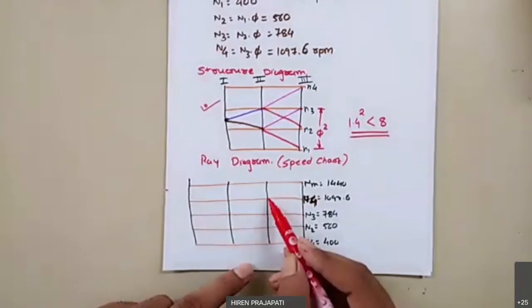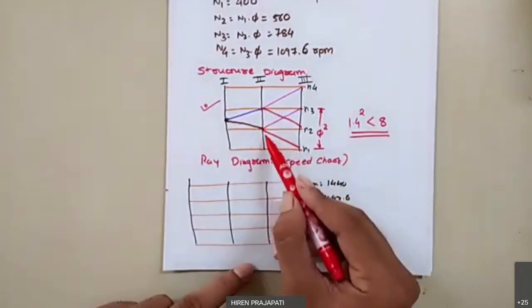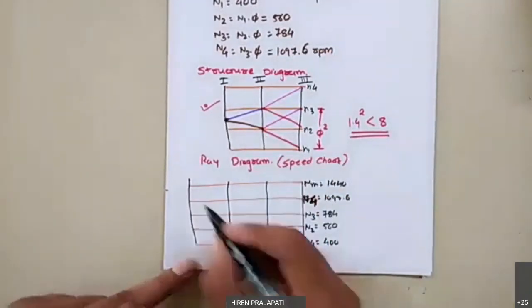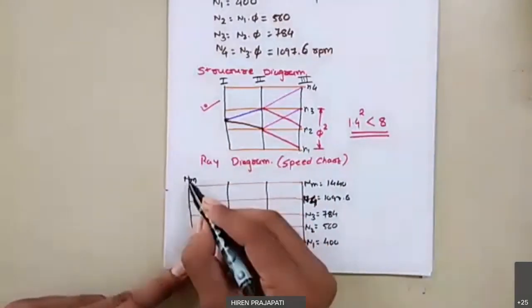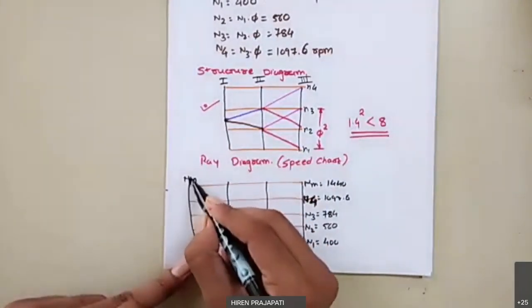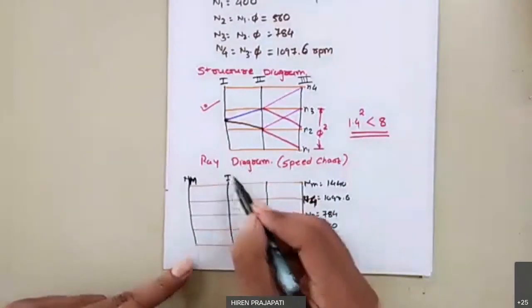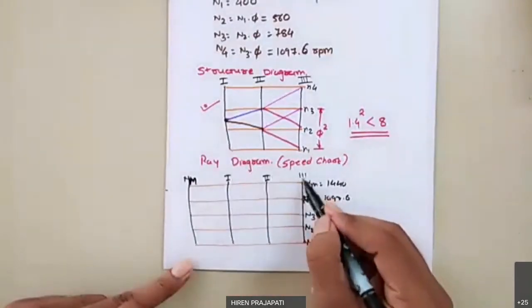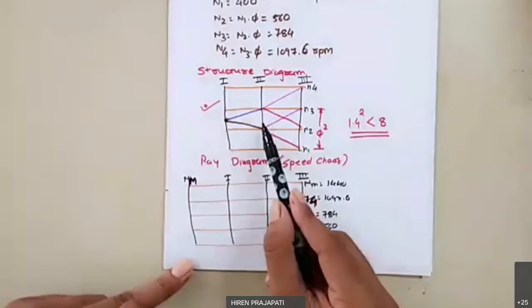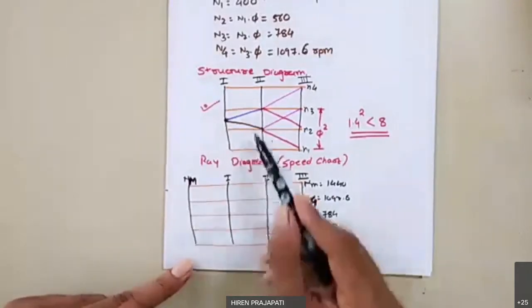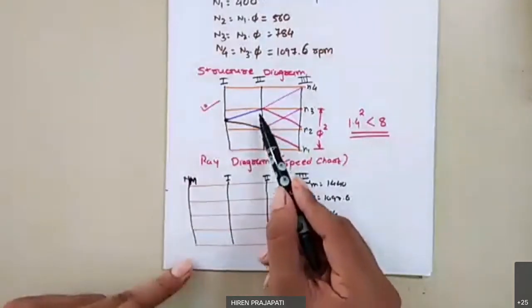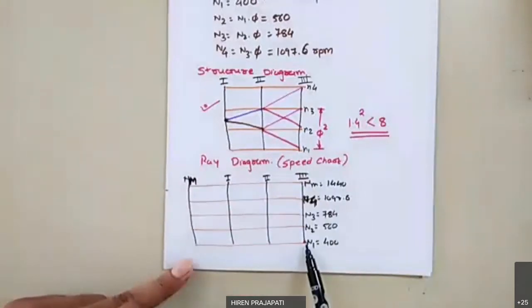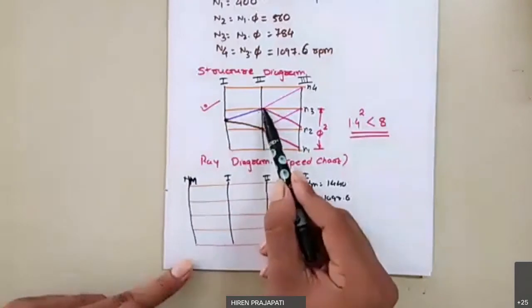But if you see on the shafts, let me write the shaft names again here. This is the motor shaft, then 1, 2, and 3. In the structure diagram for shaft 2, the characteristic number is 1. So if I directly get N1 from N4, then where to place this top node?